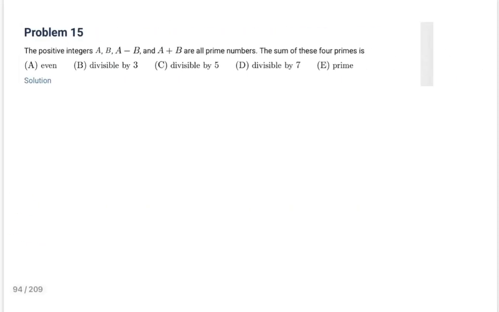Problem number 15, the positive integers a, b, a minus b, and a plus b are all prime numbers. The sum of these 4 primes. Okay, so if they're all prime numbers, then A or B has to be 2, because that's the only way that these can be odd.